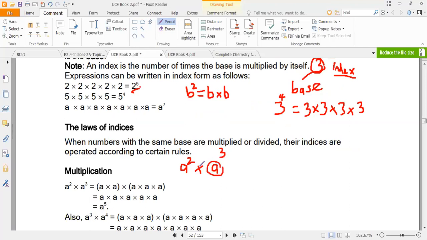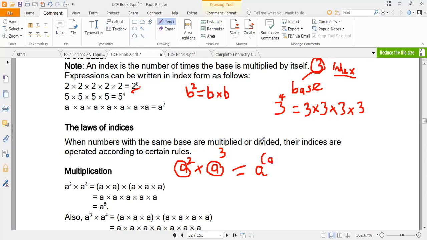Since the bases are the same, the law of indices tells us that when we are multiplying numbers with the same base, we keep the base the same and then we just add the powers.